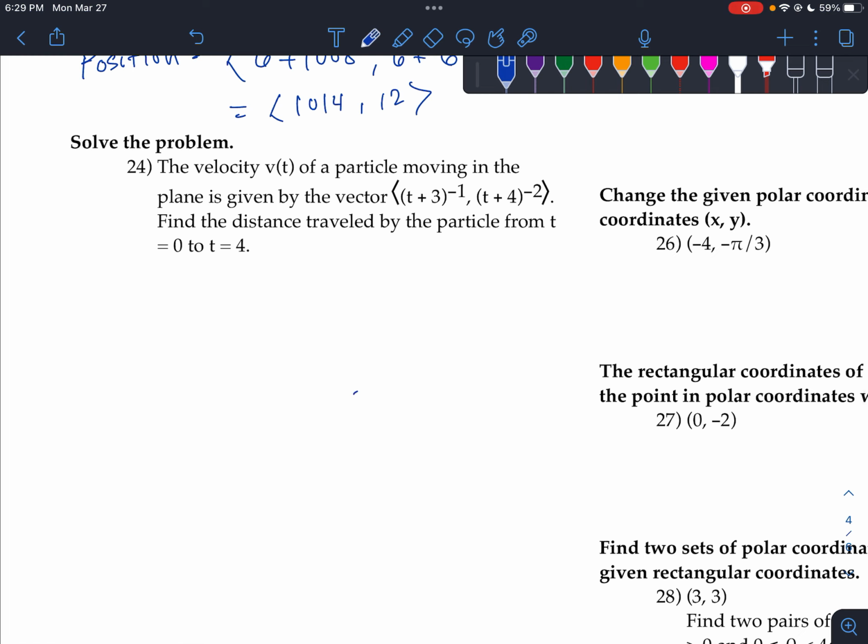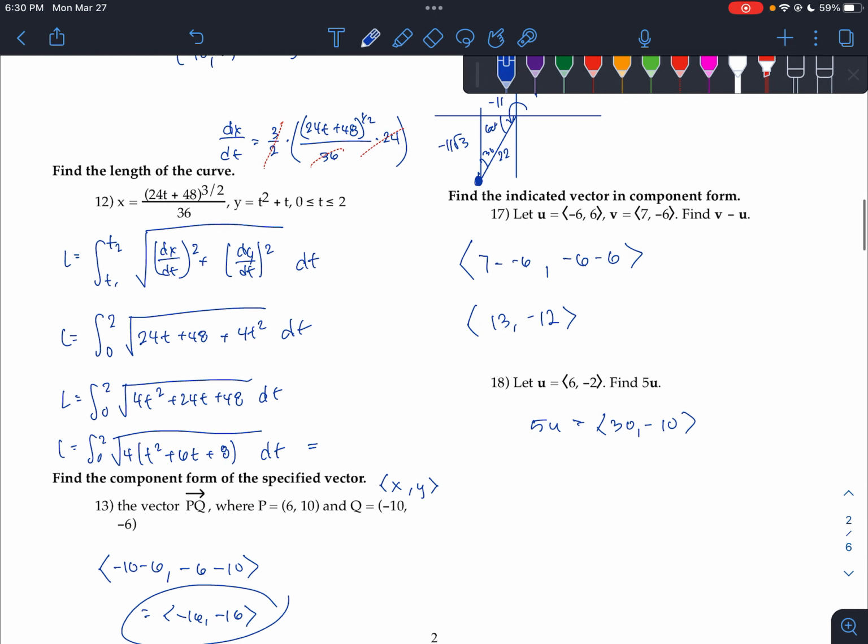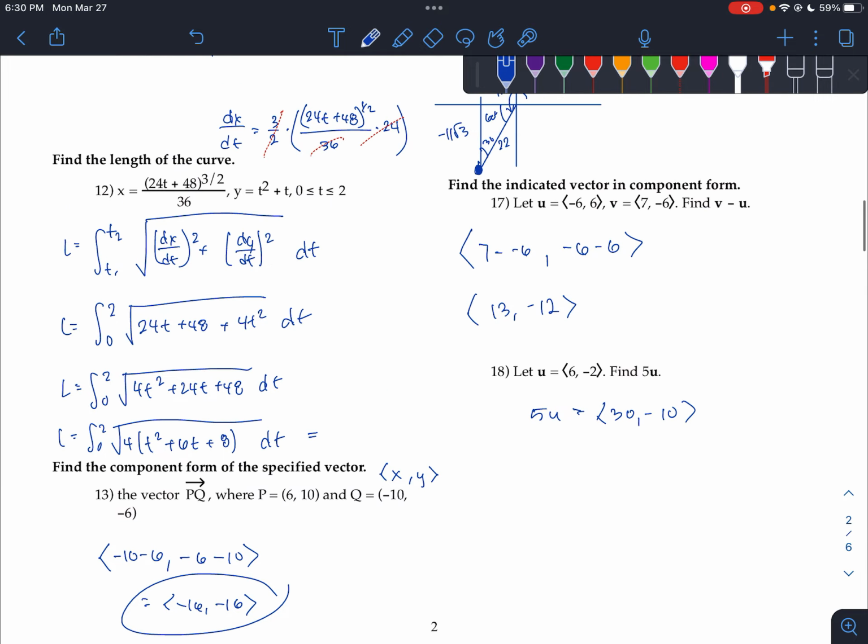So in this case, we're just going to want to do the integral from 0 to 4 of the square root of x of t squared plus y of t squared. It's just the same formula for the length of a parametric curve. We already did a problem like this up here, so it's just the same problem.